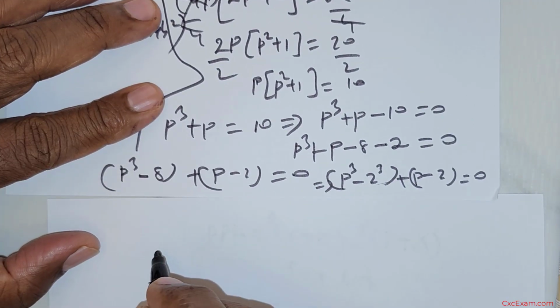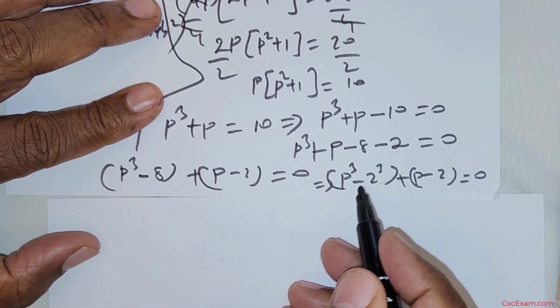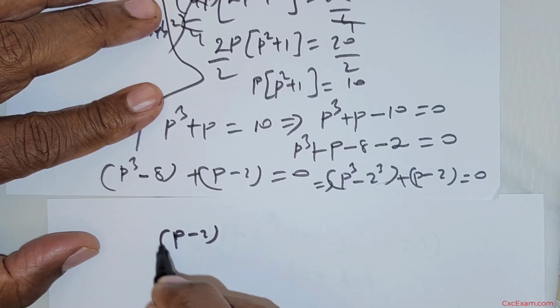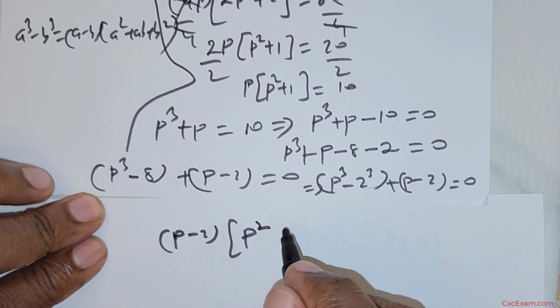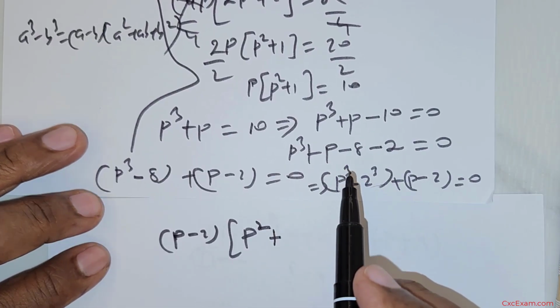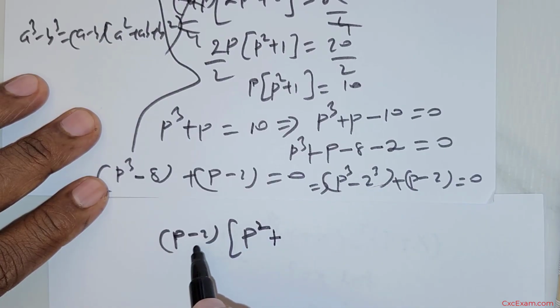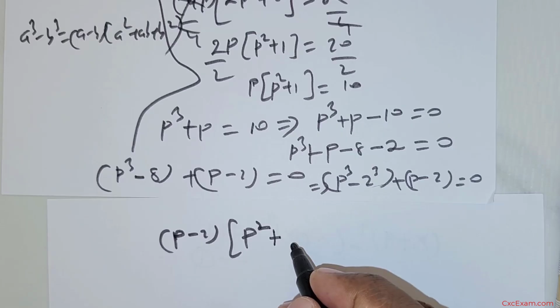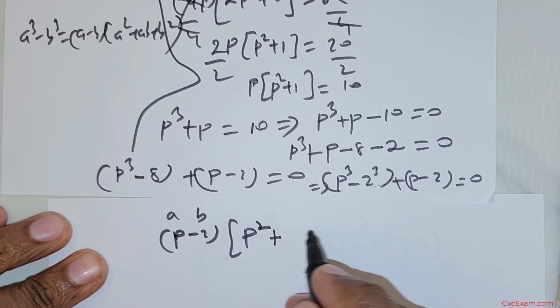This is going to be, okay, fair enough, (p - 2) times (p squared, right, plus p, right). We have a p squared and we have a p at one point and 2 at the other point. So this is my a and this is my b, a - b + ab.